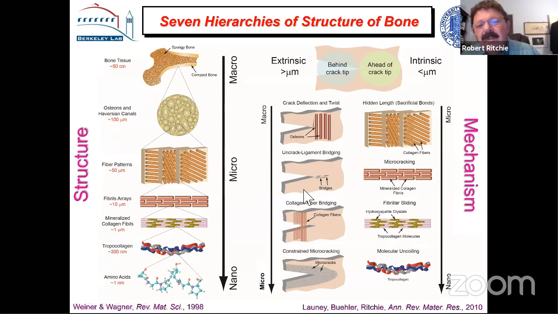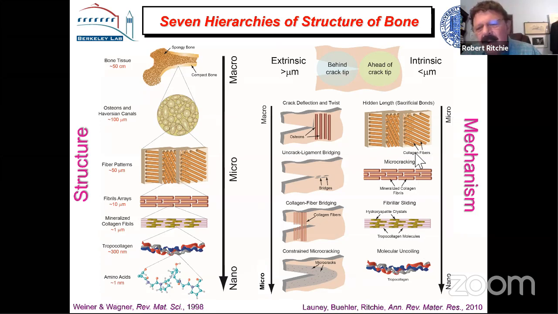And of course, there's deflection. The bone has these osteonal structures where they remodel. They're generally along the axis of the bone. And the boundaries of these osteons are somewhat higher mineralized, so cracks tend to deflect at these boundaries. So there's a strong effect of deflection.